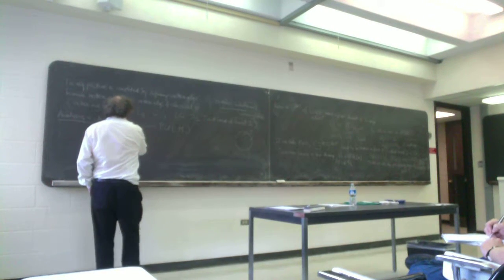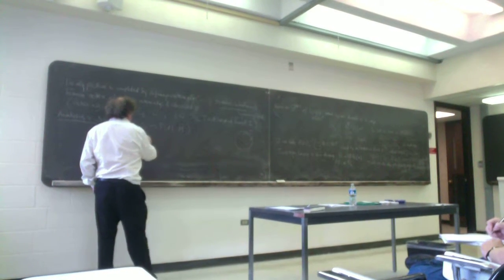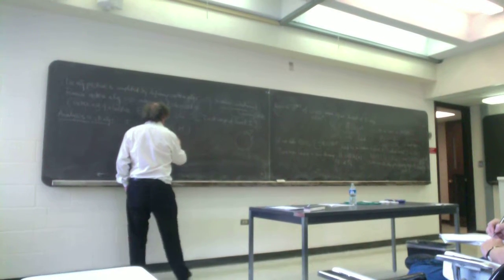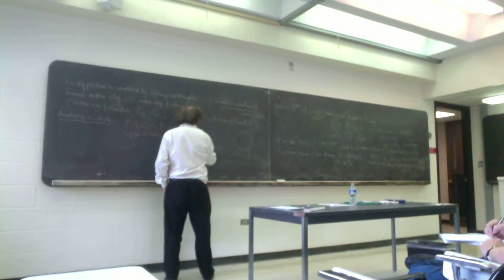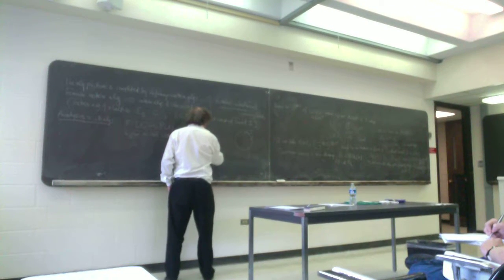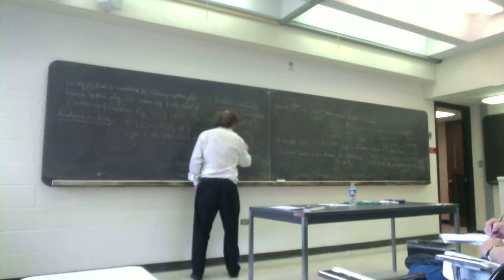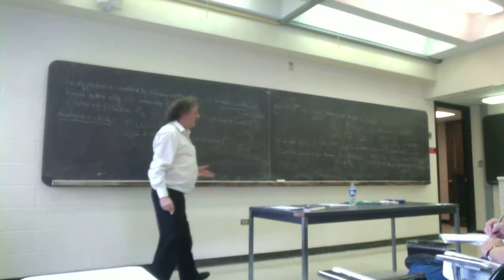And then you can define a subloop group, just as these are all loops which are trivial, equal to 1 on the complement of an interval.